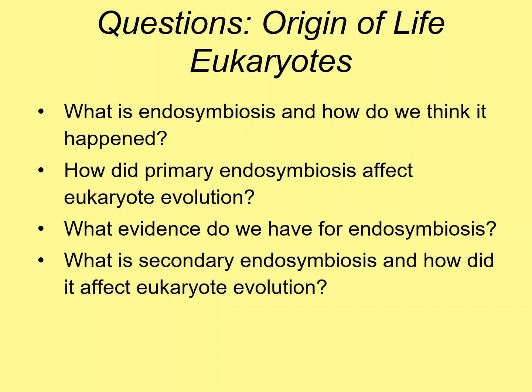Okay, so this EdPuzzle is going to focus on the process of endosymbiosis, which describes how we think all eukaryotic cells ended up with mitochondria inside them, and how the land plants and their relatives ended up with chloroplasts inside their cells.